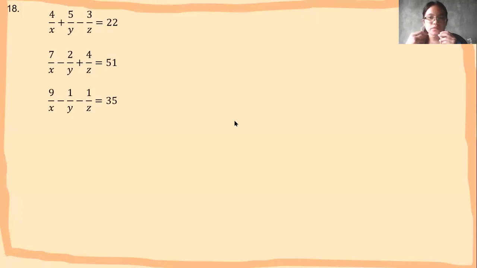So we have the last number here. They also have three variables, but in fraction form. So we have 4 over x plus 5 over y minus 3 over z is equal to 22.